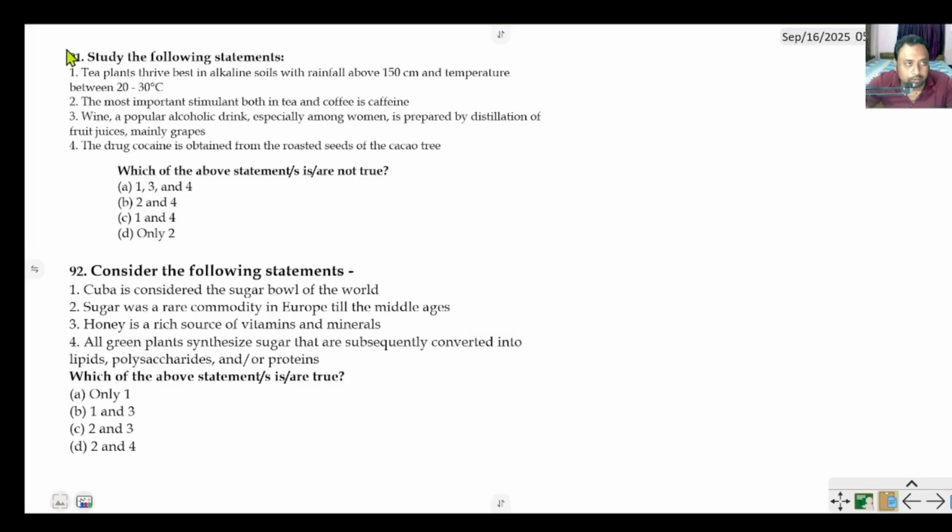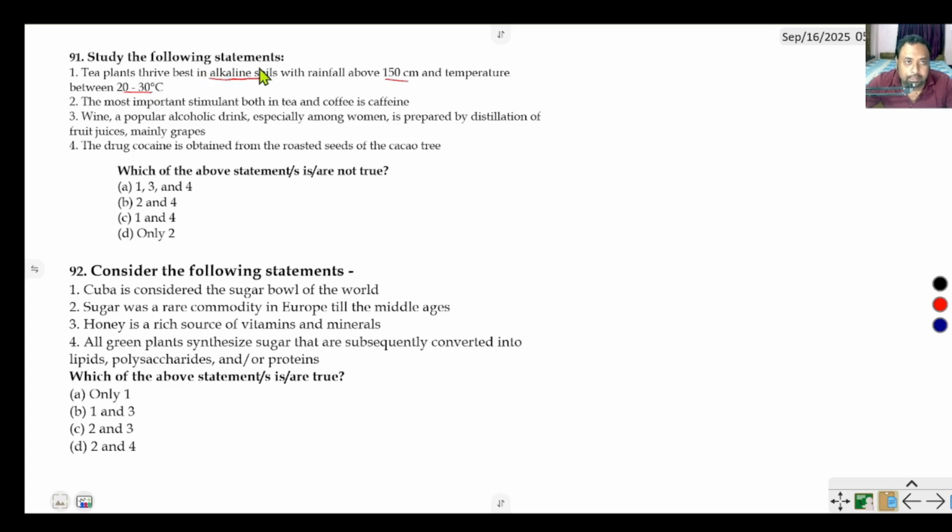Question number 91 says, study the following statements. Tea plants thrive best in alkaline soil with rainfall 150 cm and temperature 20 to 30 degrees centigrade.